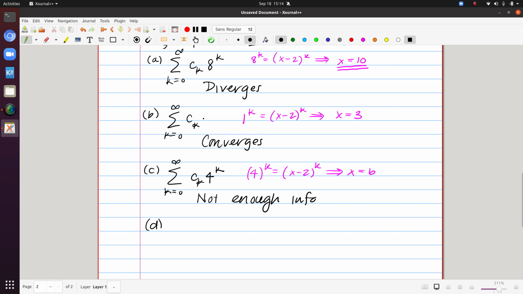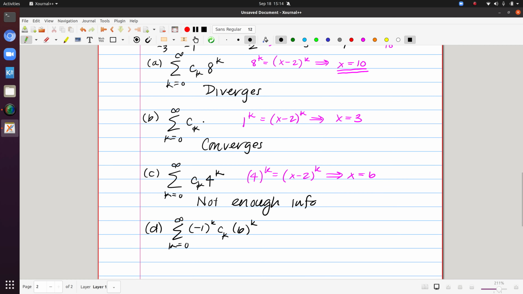Consider D, which is the sum from k equals 0 to infinity of negative 1 to the k, c sub k 6 to the k. So here we have to be very careful. This does not mean I need to match up x minus 2 to the k to 6 to the k, because this is really c sub k times negative 6 to the k. So I have to really notice that first.